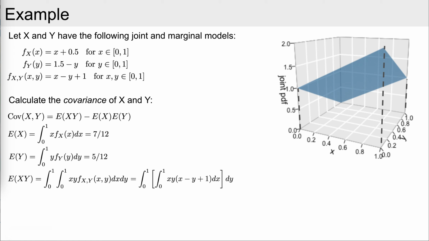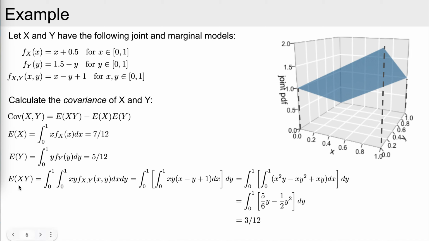To make this integral easier, we can expand the product here as x squared y minus x y squared plus xy. Integrating this function with respect to x for x from 0 to 1 produces 5/6 y minus 1/2 y squared. Now you might want to pause your video to confirm that this is accurate. Finally, integrating this function with respect to y for y from 0 to 1 ends up producing 3/12. That is, we expect the product of x and y to be 3/12.